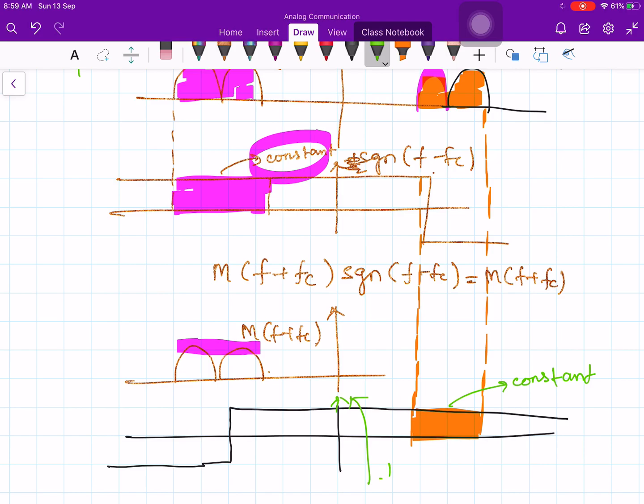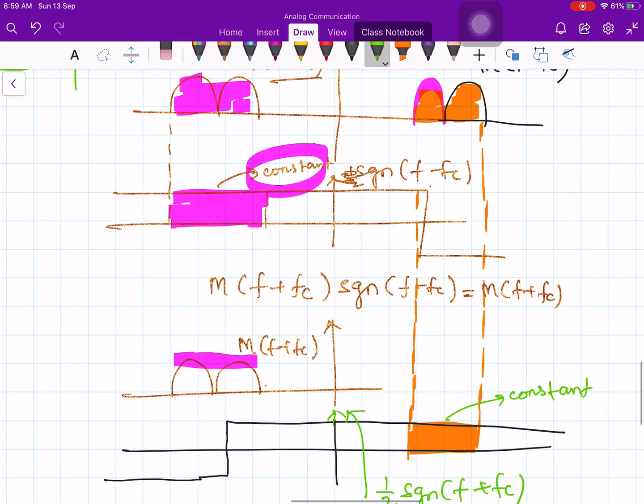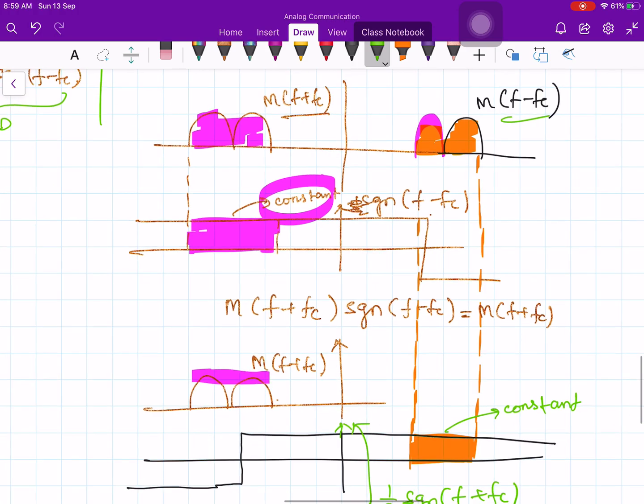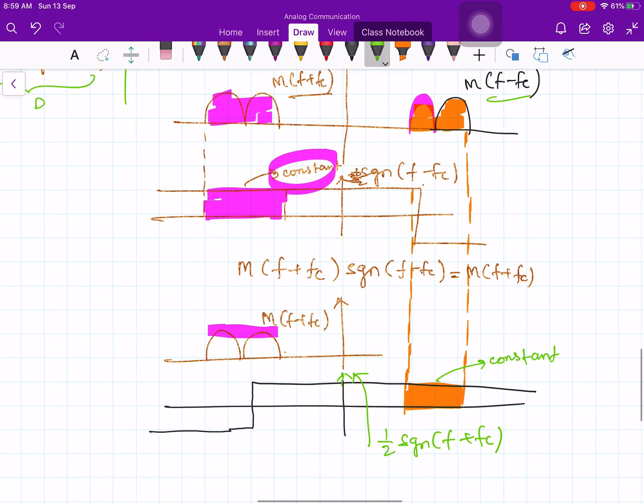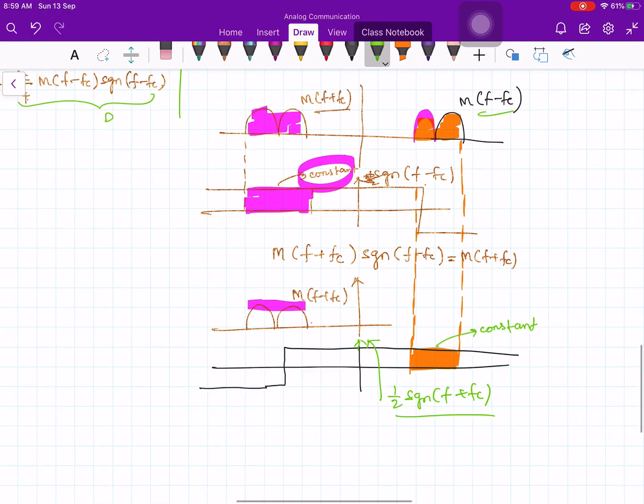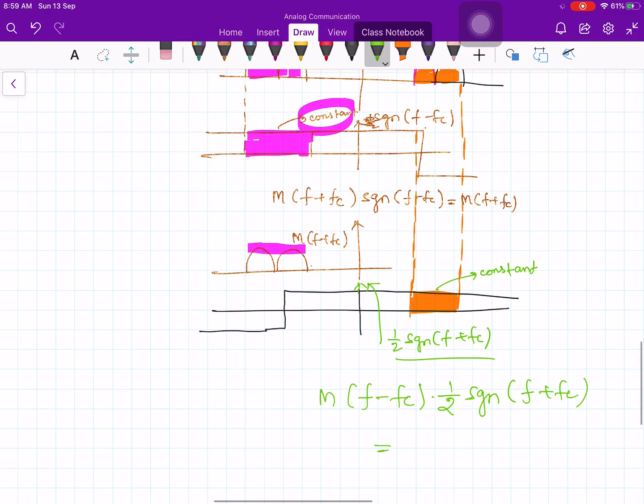And by the way, what is this function? This function is 1 by 2 signum of f plus fc, and this one is m of f minus fc. If you multiply these two, m of f minus fc times 1 by 2 signum of f plus fc, because this is constant in this region, you forget about 1 by 2 for the time being.